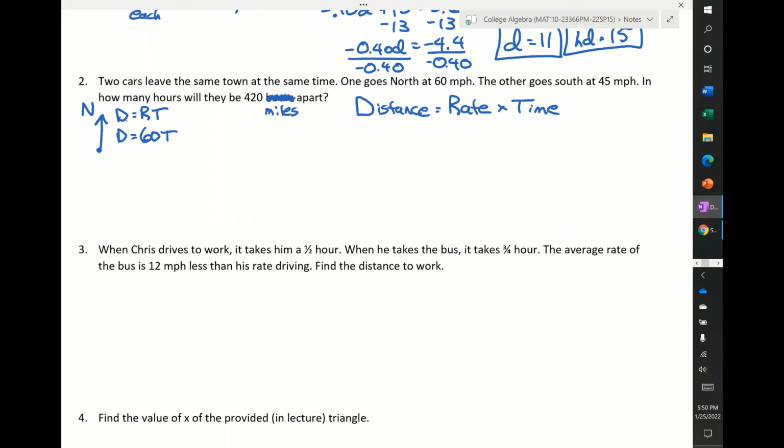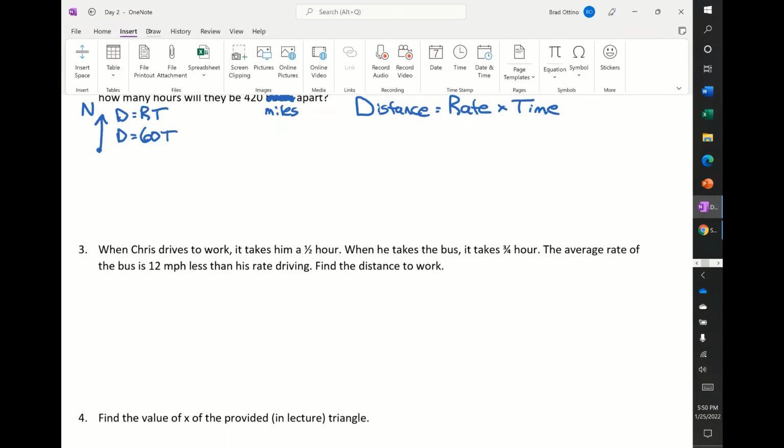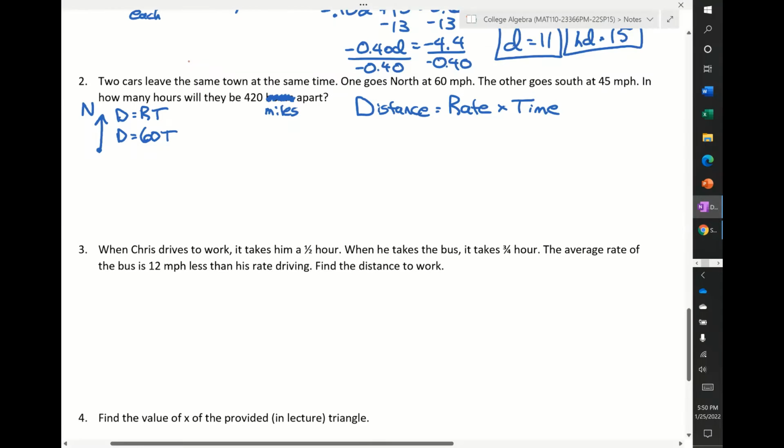We also have another car that's going south, and their rate is 45 miles an hour. Call this the distance for the southern car, and the top one we'll call the distance for the northern car.